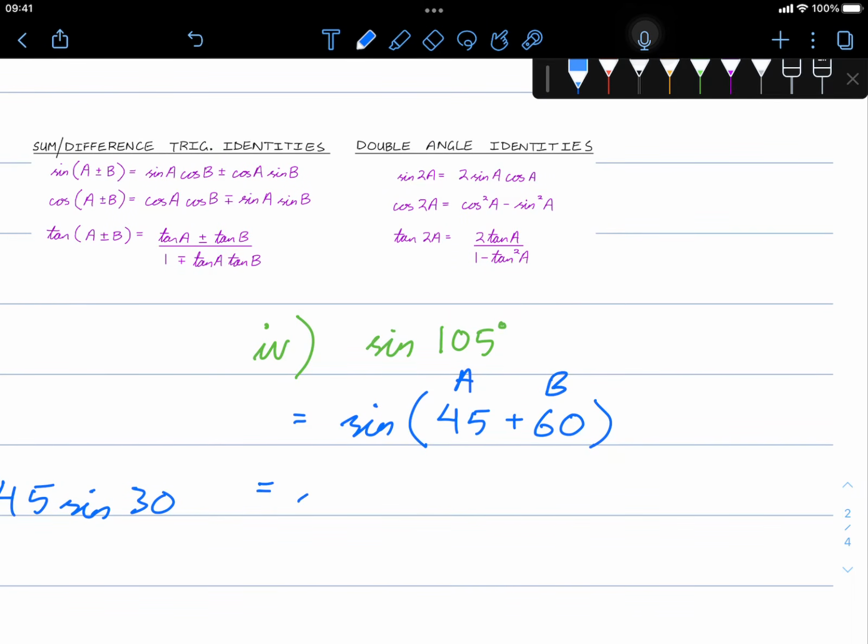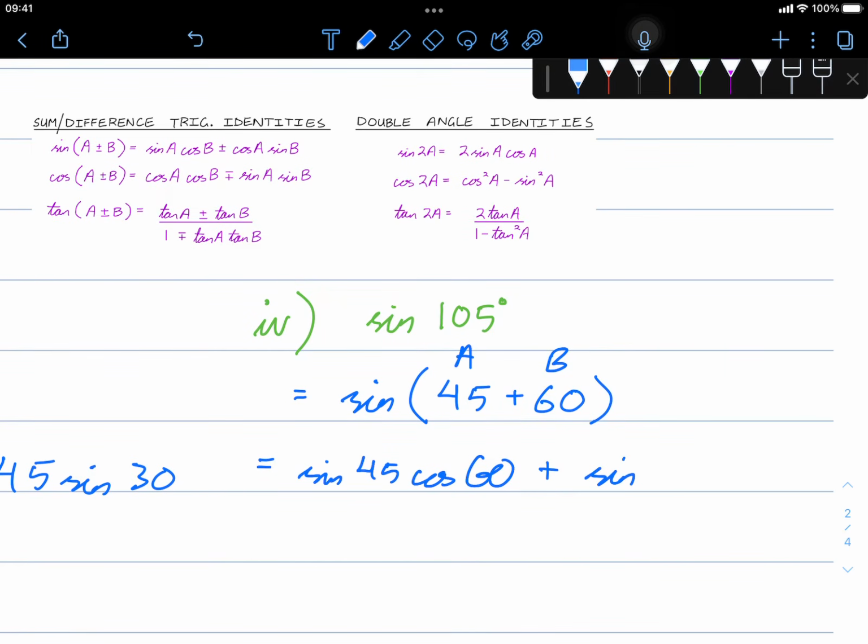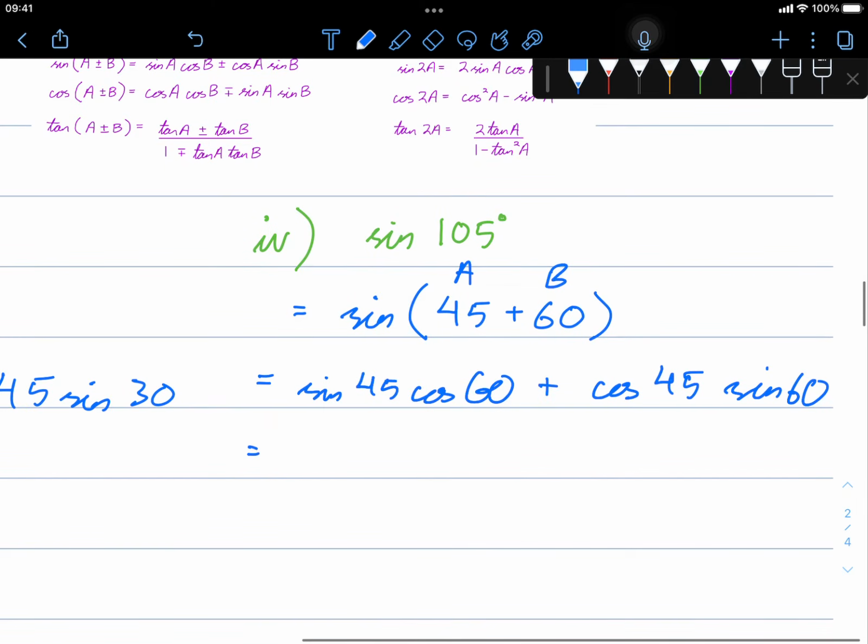So this becomes sine 45 cos 60 plus cos 45 sine 60. Once again, we get that 1 over root 2.